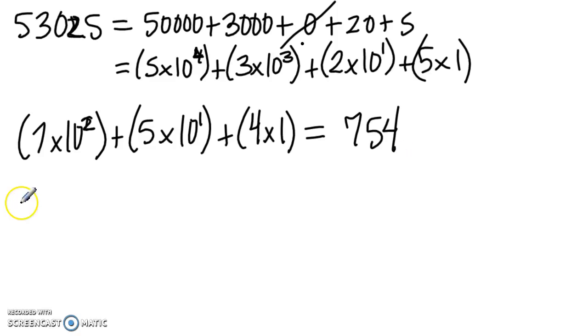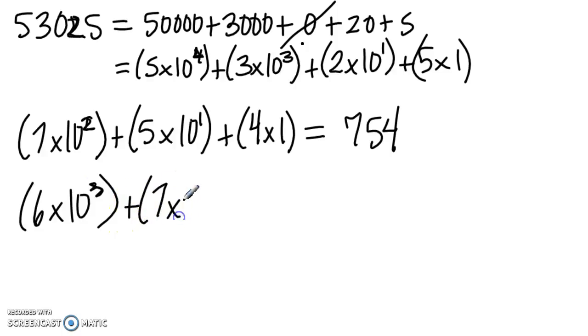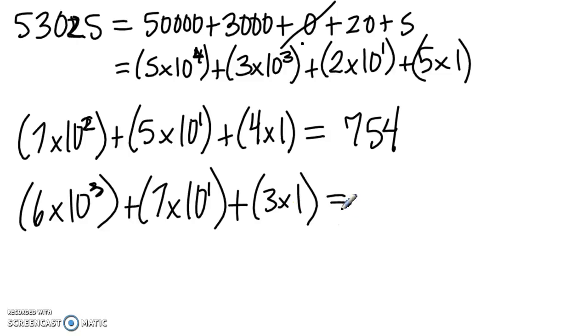Let's try another one. Obviously I'm going to try to make it a little bit harder. Right, 6 times 10 to the third plus 7 times 10 to the 1 plus 3 times 1. Now for those savvy listeners, you're going to see exactly what I did. I skipped the 10 squared, the hundreds place. So you can't just skip it in your answer. You have to use a 0.